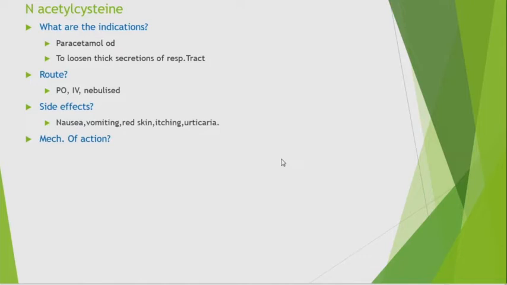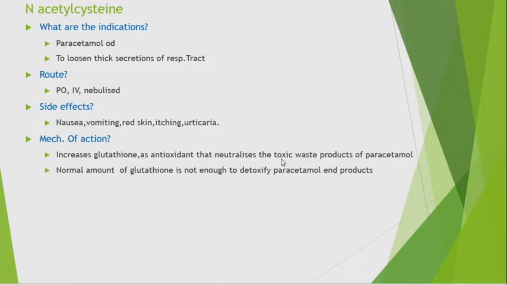How does it act in paracetamol poisoning? It increases the glutathione. Yes, sir, as an antioxidant that neutralizes the toxic waste products of paracetamol. Normally, there is some amount of glutathione in the body.